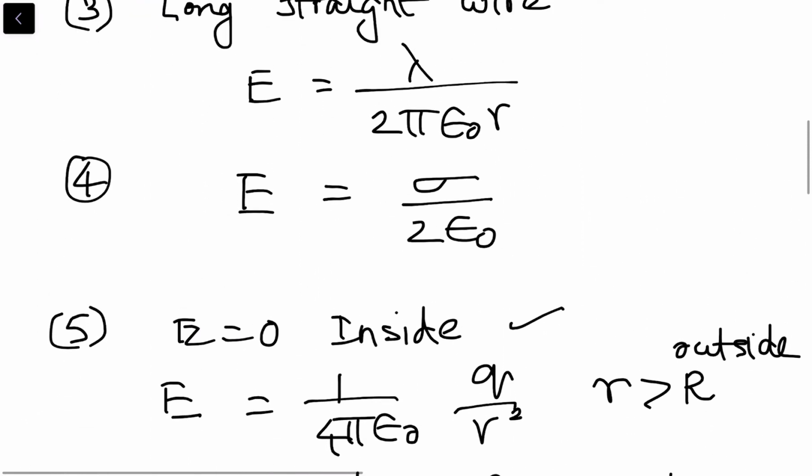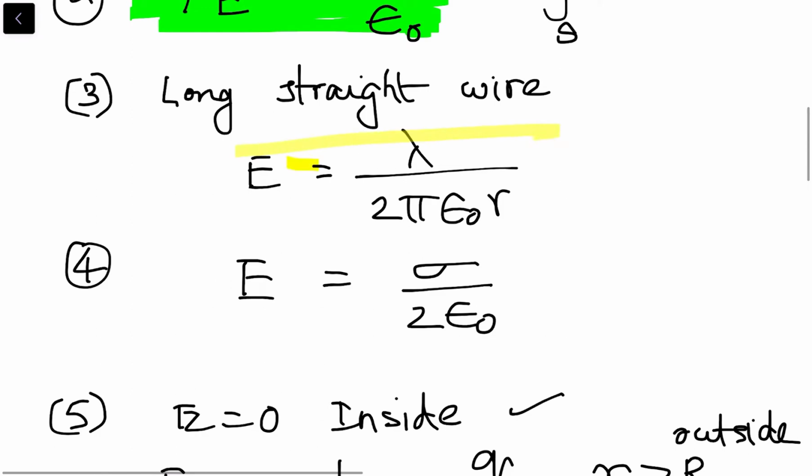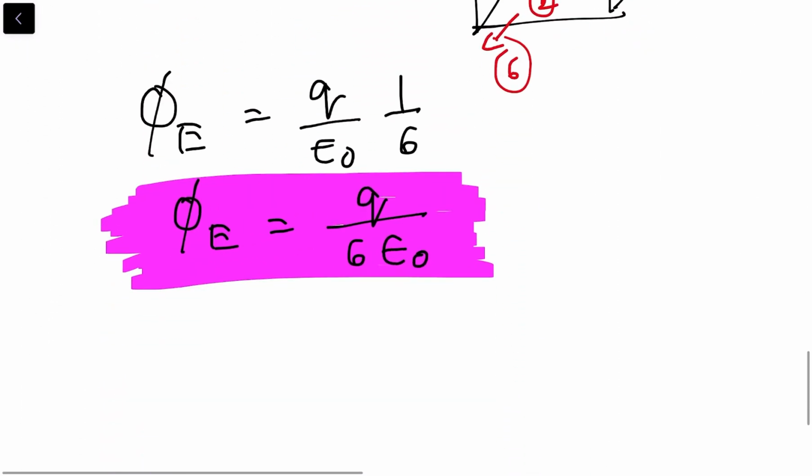This is the formula related to the wire. This is the derivation which we have done earlier. It is there already in my YouTube videos. Then let us use that formula and try to solve this problem.